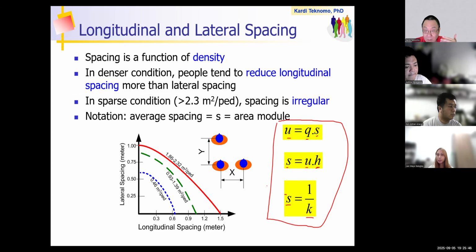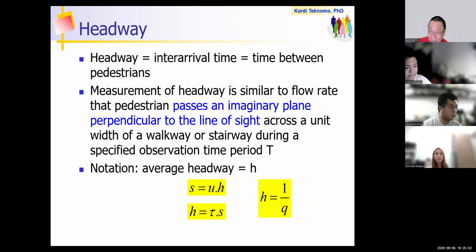One of the important performance indices is called headway, sometimes called inter-arrival time, or time between 2 consecutive pedestrians or vehicles. The measurement of headway is actually the same as flow rate. In flow rate, you measure the pedestrians or vehicles that pass an imaginary plane perpendicular to the line of sight, but instead of counting, you check the time.